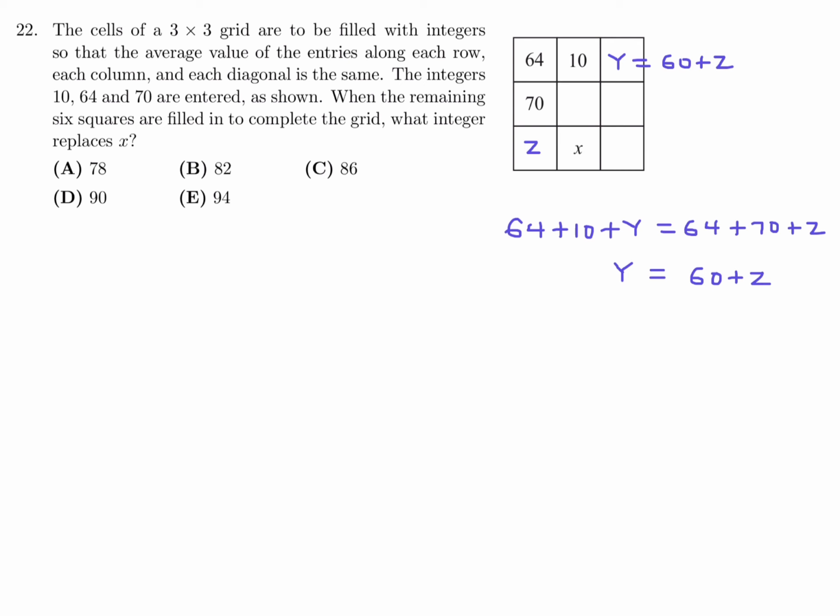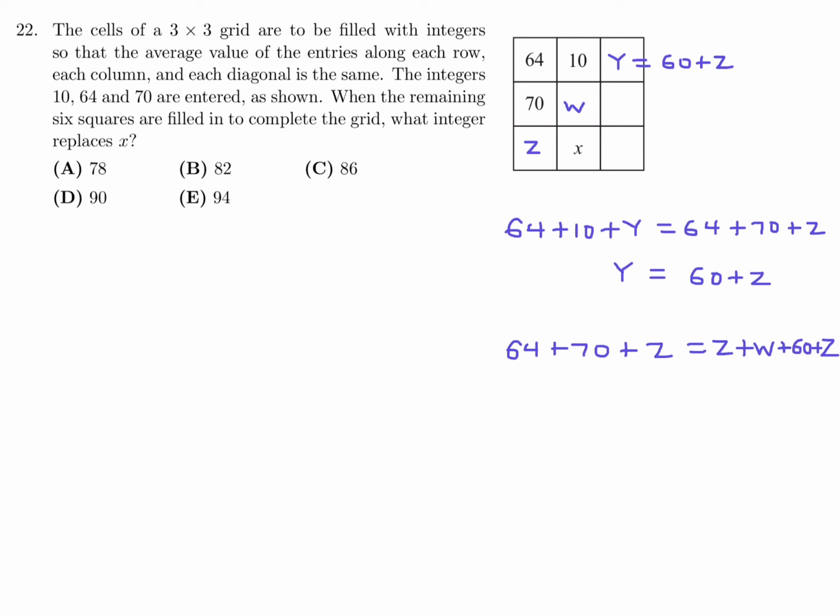Okay, so far so good, I think. This middle number I'll just call W for now. So that means this would be equivalent to that, according to the question. So 64 plus 70 plus z would be the same as z plus W plus 60 plus z.